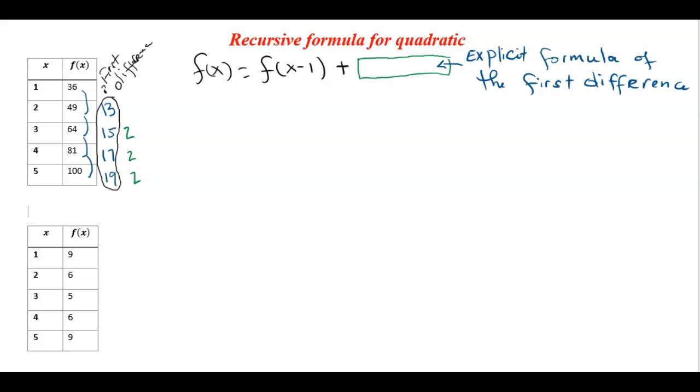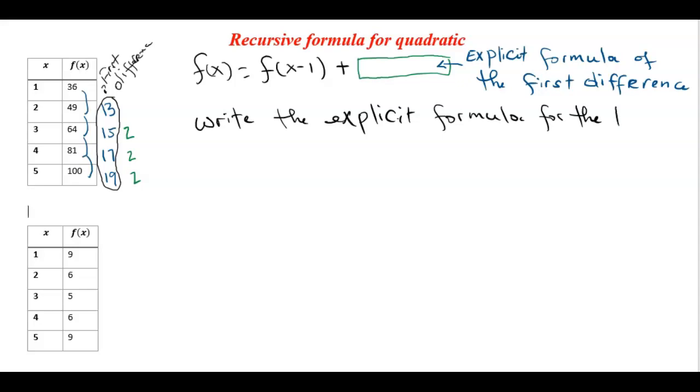So what we need to do is write the explicit formula for the first difference. To do that, we use the first number of the first difference, which in this case is 13.